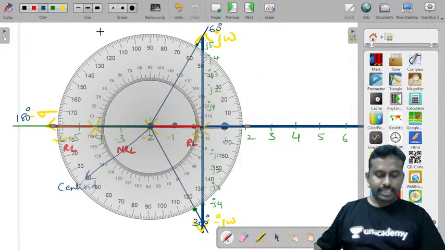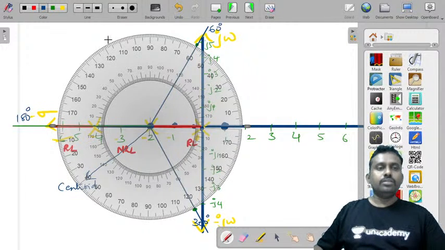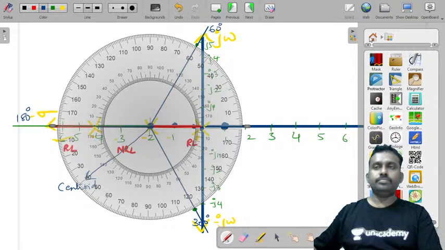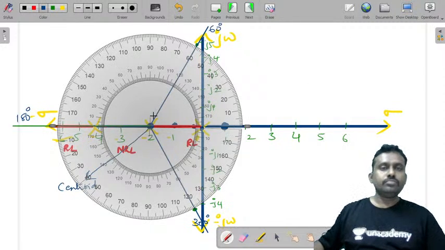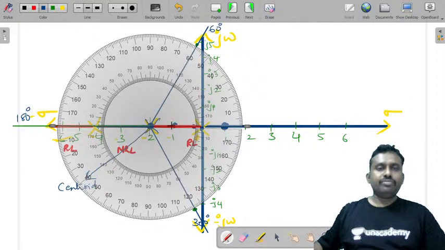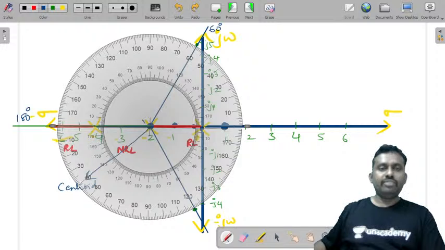I think you are able to understand this. Now, because you have two asymptotes with 60 and 180 degrees, you have two poles at these points and a pole at this point tending to infinity.